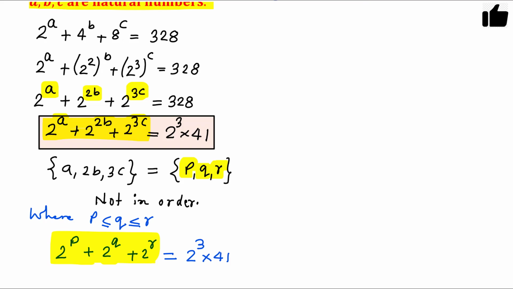So now I can use this. I can take 2 raised to the power p common because this is the smallest number. So if I take 2 raised to the power p common, I will have 1 plus 2 raised to the power q minus p plus 2 raised to the power r minus p, and this equals 2 raised to the power 3 times 41.